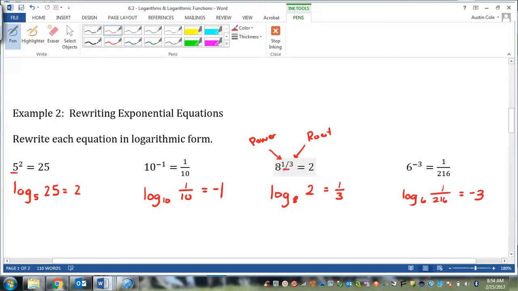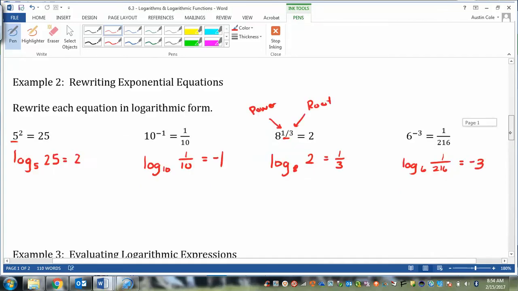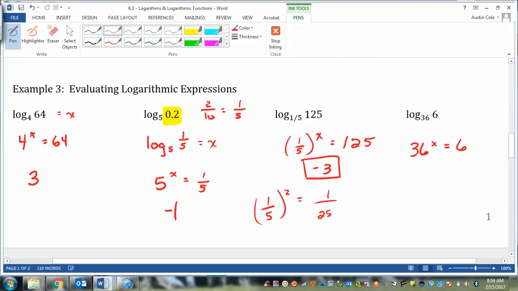If it's 1/4, that means the 4th root. If it's 1/2, that means the square root. So how do I get from 36 to 6? 1/2. Isn't 1/2 like square root? What's the square root of 36? 6. Absolutely. 1/2.